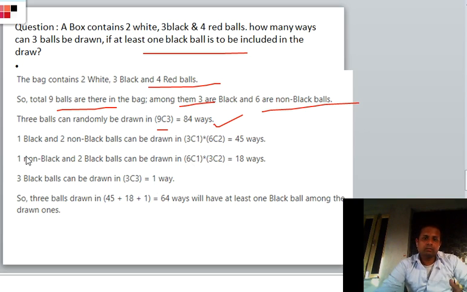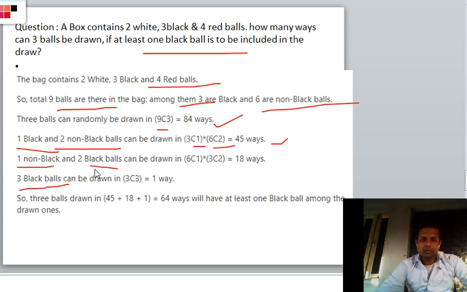Case number 1, 1 black ball and 2 non-black balls are selected. 1 black ball out of 3 black balls can be selected by 3C1 ways, and from the 6 non-black balls I have to select 2 balls, by 6C2 ways. So total 45 ways.